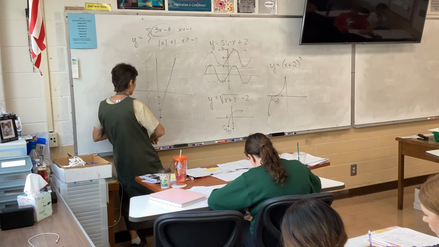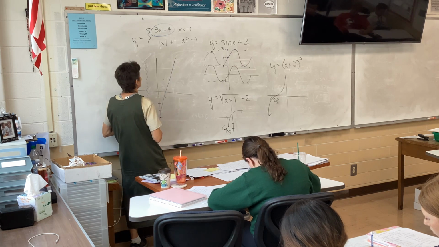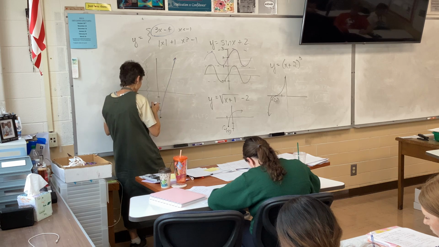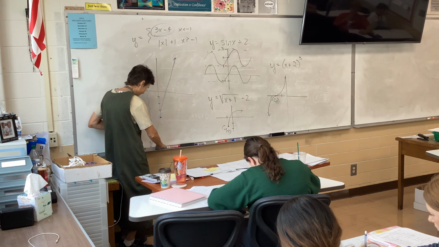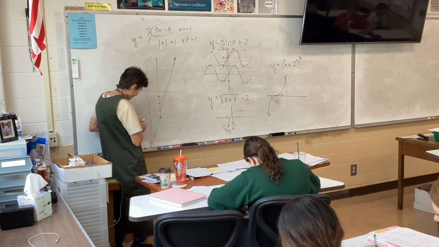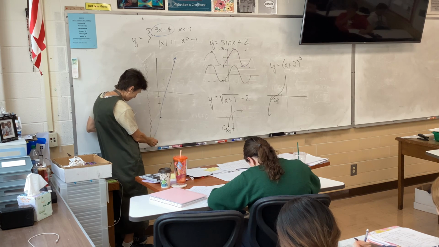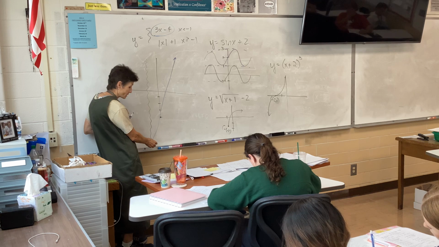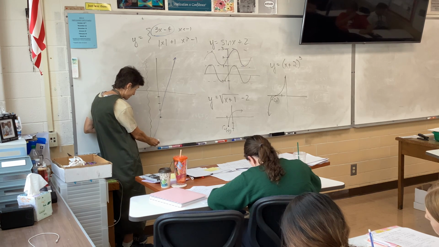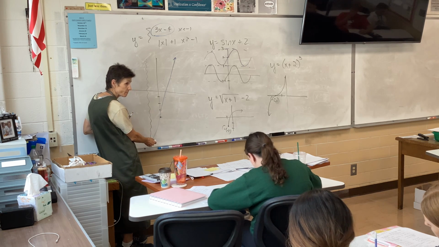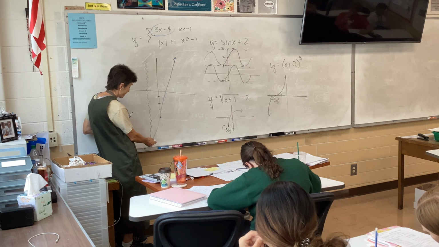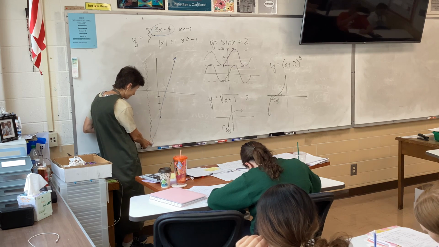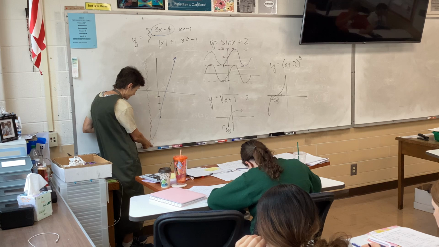Not very good at all, but that's a nice straight line there supposedly. Do you see how he intersects my squiggly line down here? So I should put a dot there where he intersects. That dot should be open.